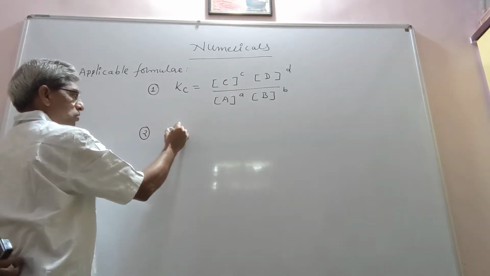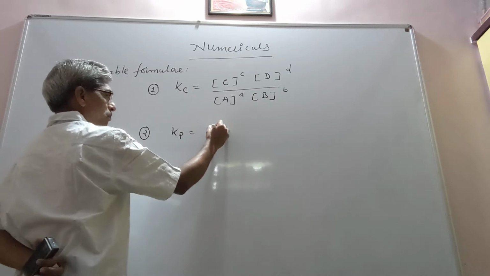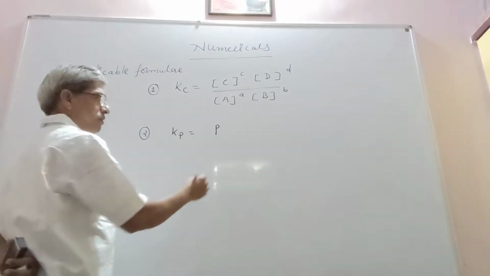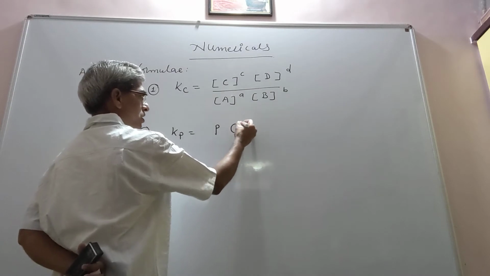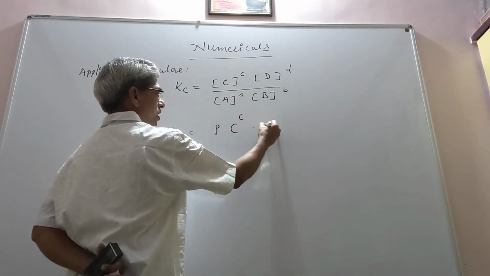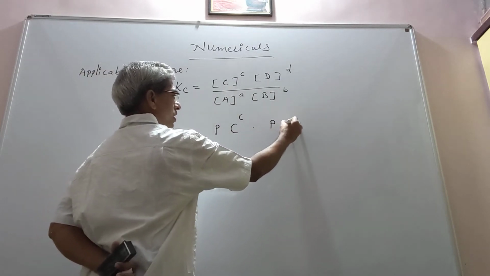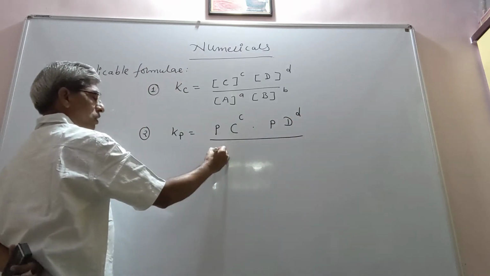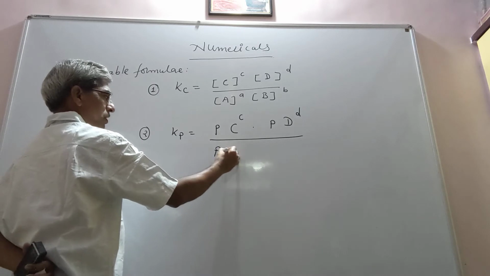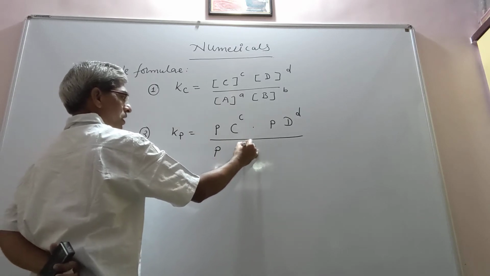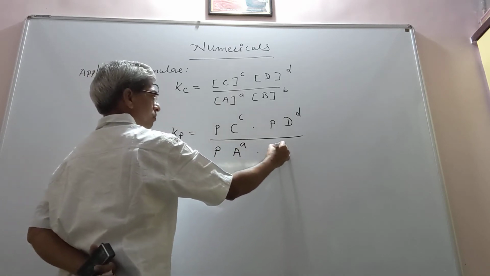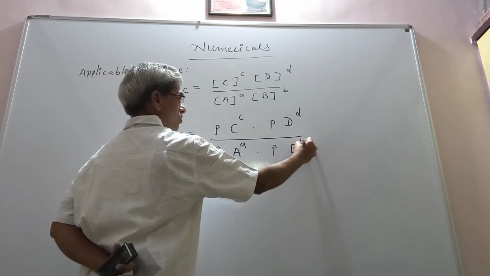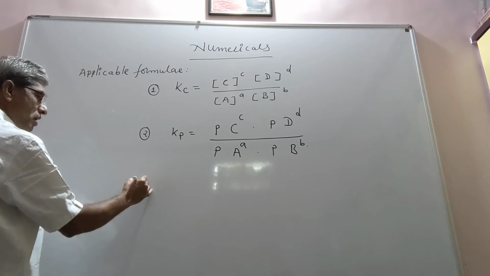Applicable formula number 2, Kp equal to P, that is the concentration in terms of gaseous species, P capital C raised to small c into P capital D raised to small d, whole upon P capital A raised to small a into P capital B raised to small b.